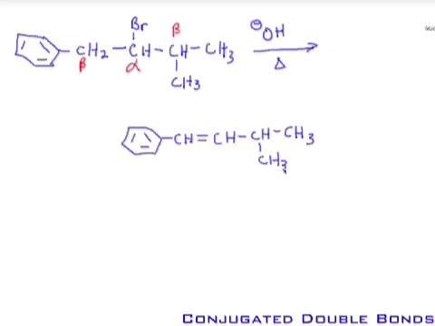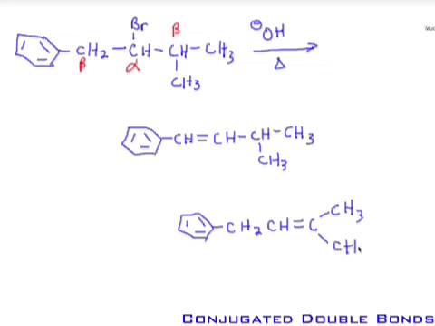If we pull the H off the beta carbon on the right, we will get this alkene forming. Now my question is based on stability according to the number of substituents. Just using the number of substituents, which should be more stable?